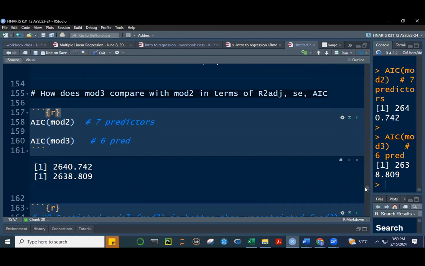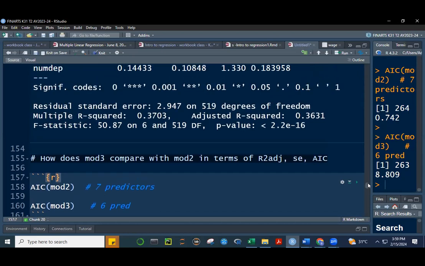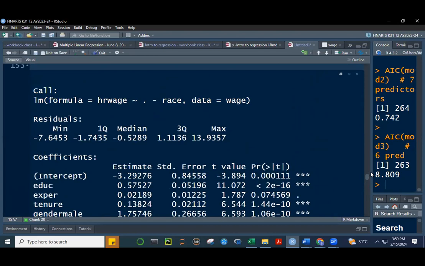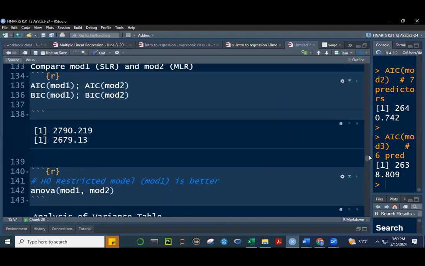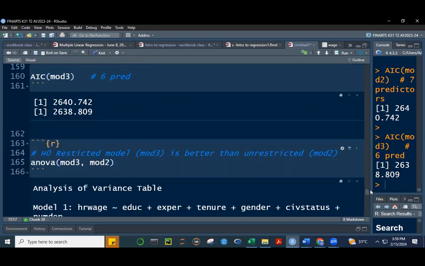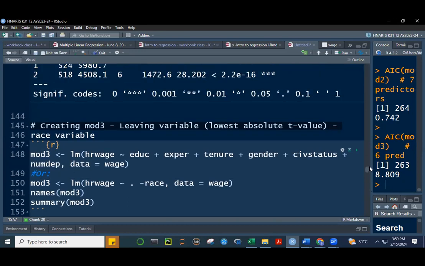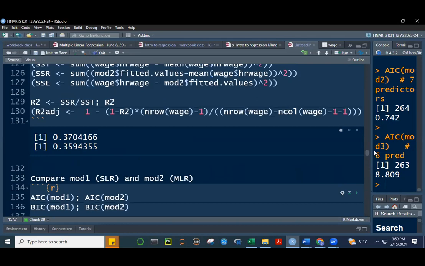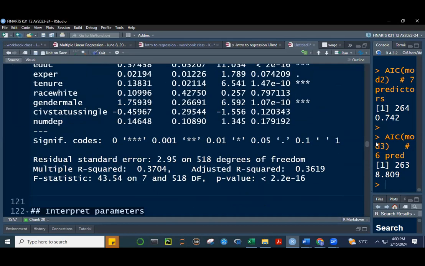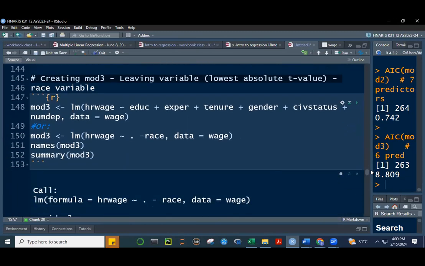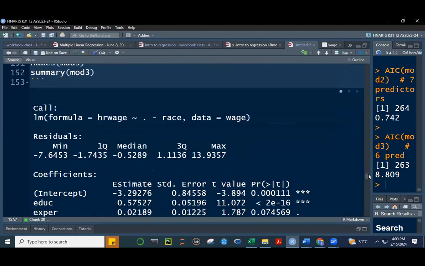Okay, so in terms of multiple R-squared, class, mas maganda si model number 2. Siyempre, mas malaki yung R-squared niya. Also adjusted R-squared: 0.3631 si model number 3. Tapos si model number 2, ilan yan? 0.3619. So, in terms of adjusted R-squared, class, mas maganda si model number 3.